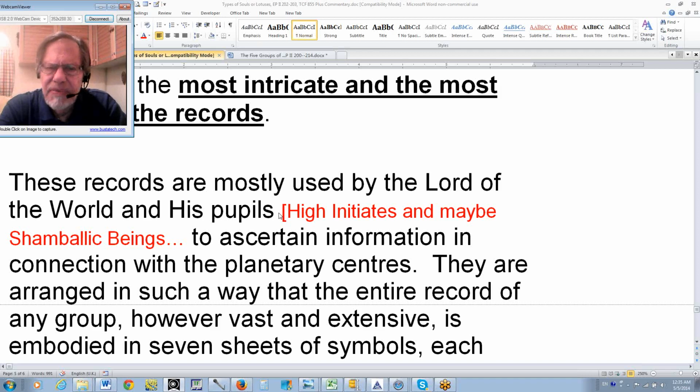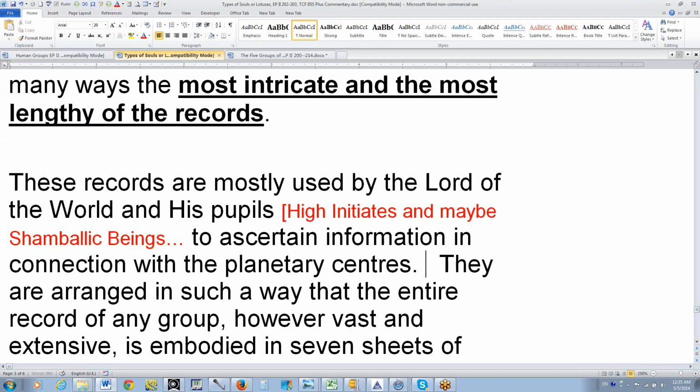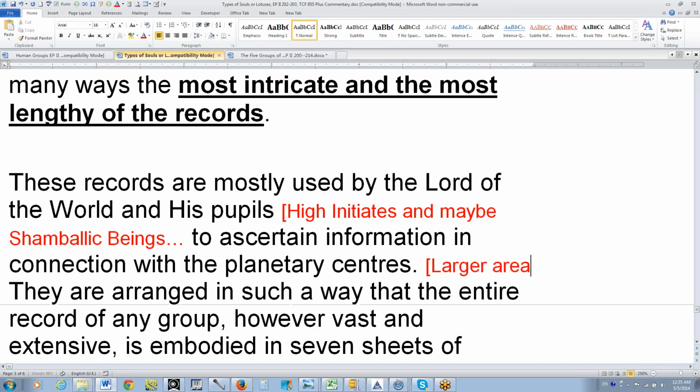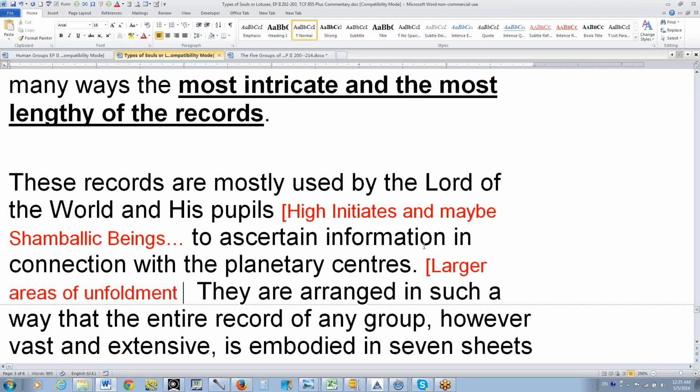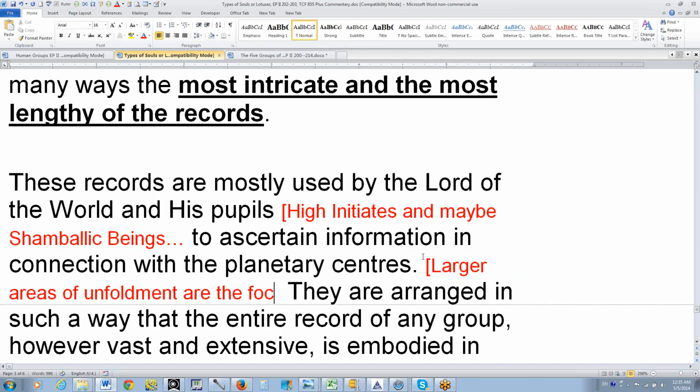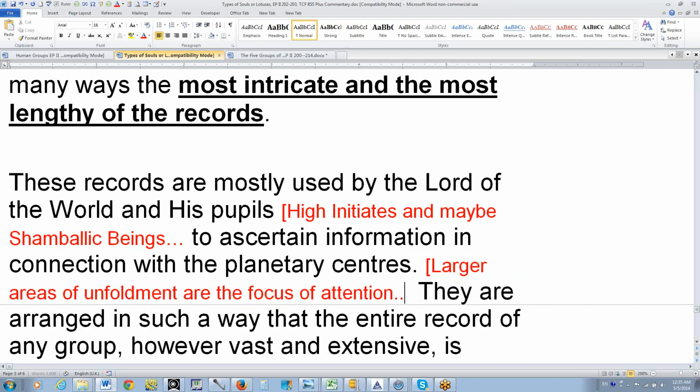But anyway, some of the Shambhalic lives are his pupils as well. So they're used by the Lord of the World and his pupils to ascertain information in connection with the planetary centers. So we might say larger areas of unfoldment are the focus of attention.